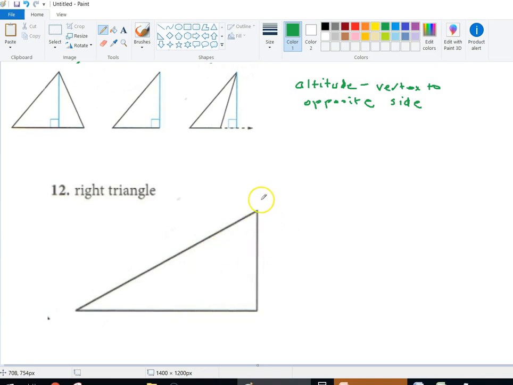So if I start here at A and I drop a line from the vertex to the opposite side, it's actually the side of the triangle. And your answer would be that because it asks you to make a conjecture related to the location of the orthocenter. That would be where all three lines meet.